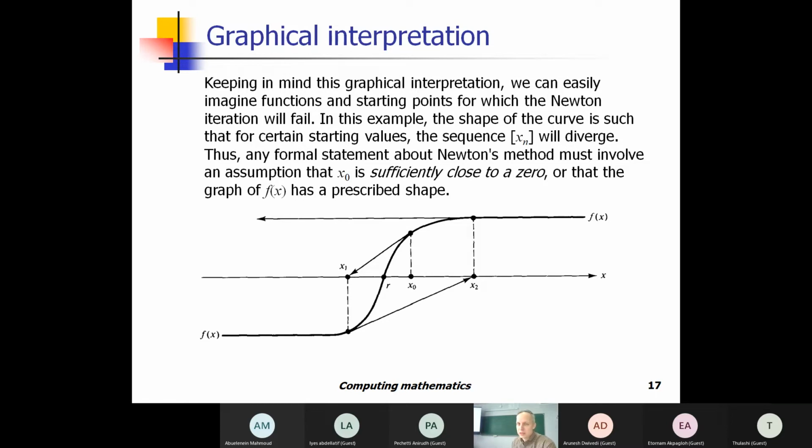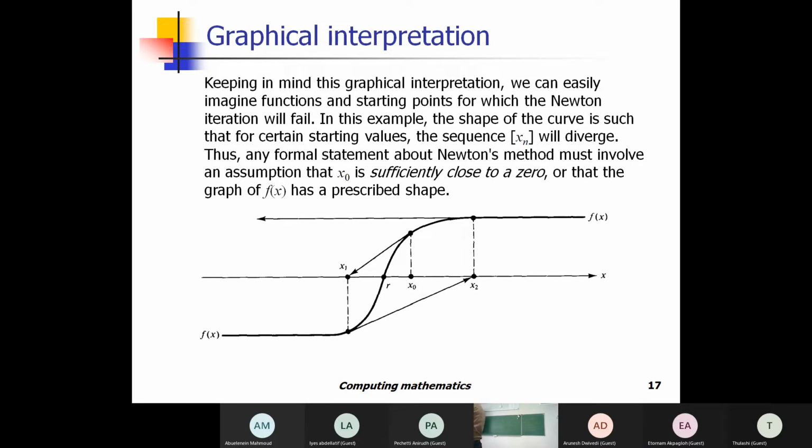The method will work when we suppose that the initial guess x0 is sufficiently close to the real solution. This is the main drawback of this method.